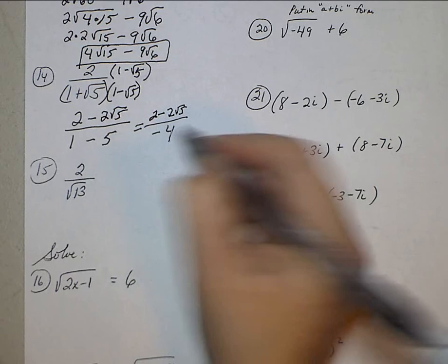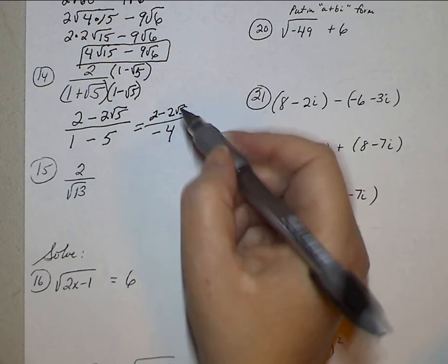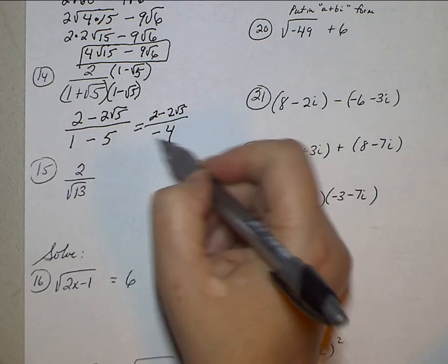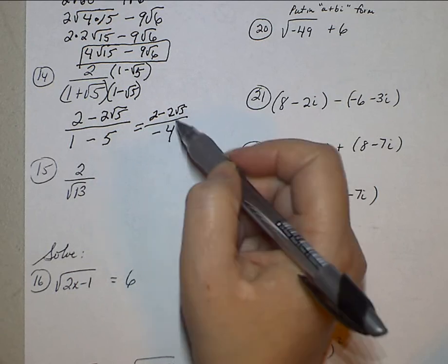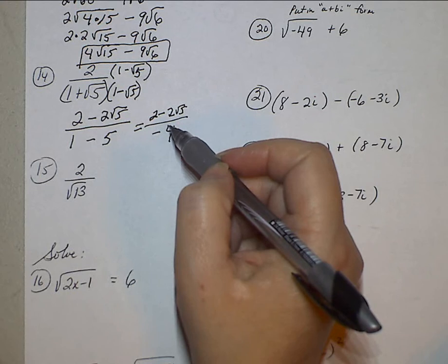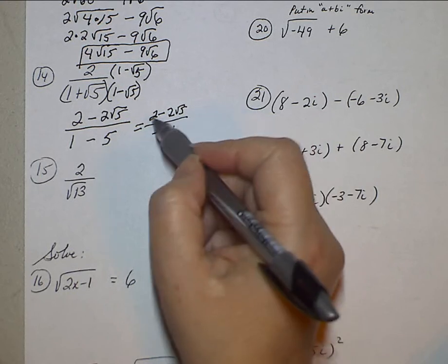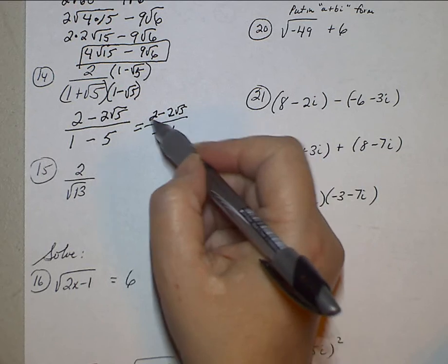Now, two things. First, we don't want a negative on the bottom. So we want to divide everything by a negative. But also 2 goes into all 3 spots. It has to be all 3 spots.